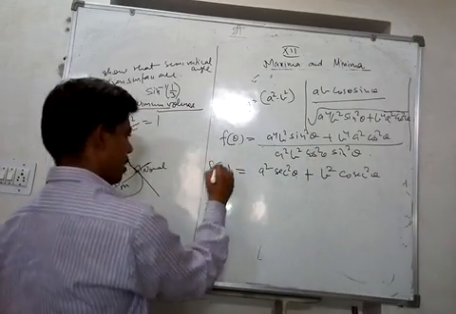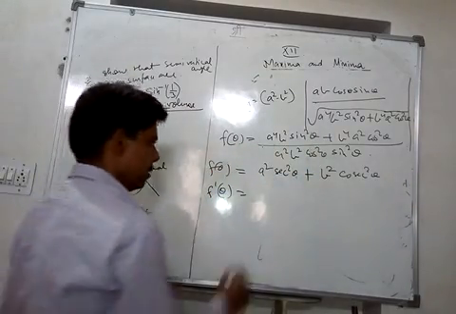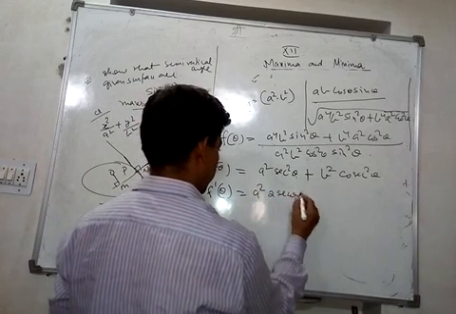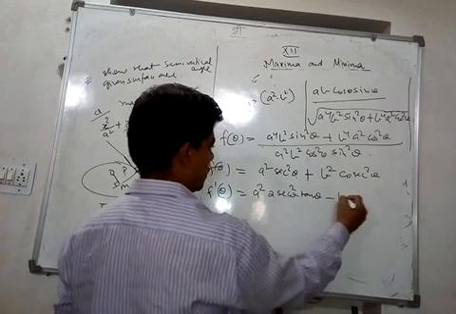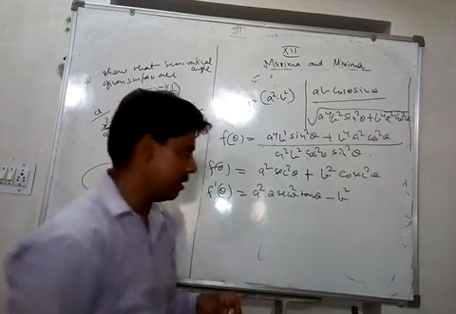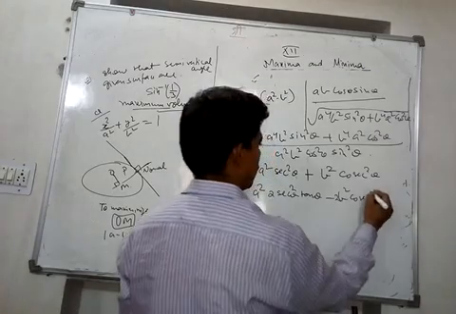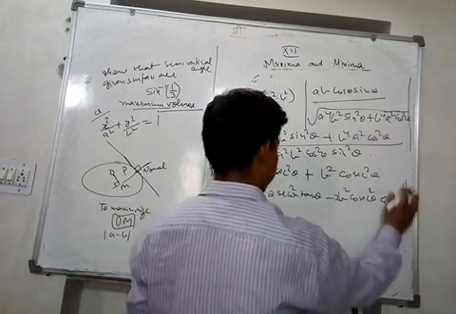Now f dash theta is equal to a² sec² theta, that is a² into 2 sec theta tan theta, minus b², because of the minus sign for cosec² theta, 2 into cosec² theta cot theta, because the derivative is cosec theta cot theta, right?